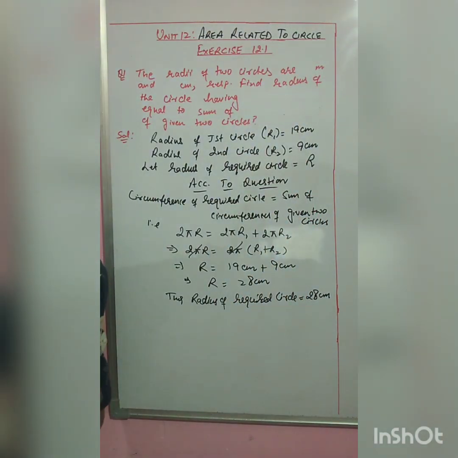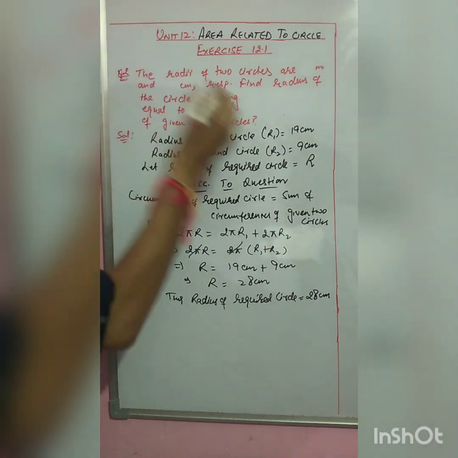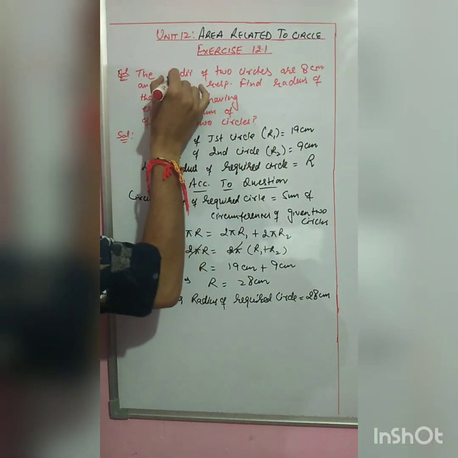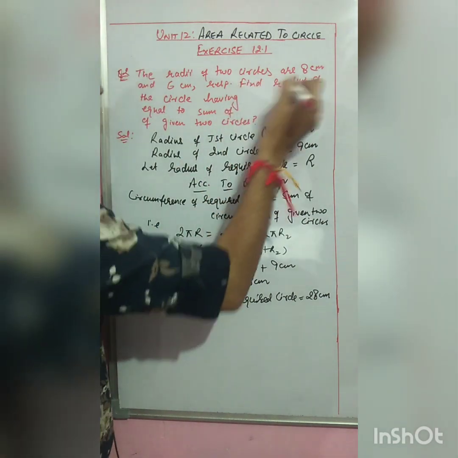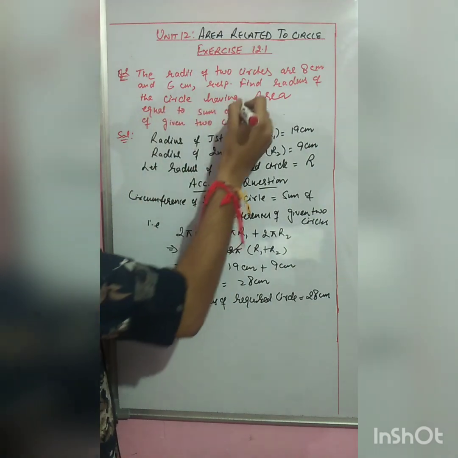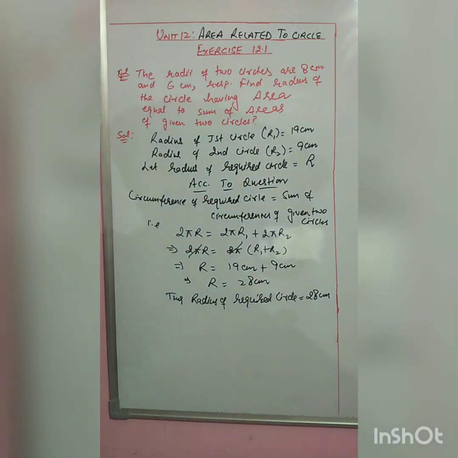Like in question number 1, we were given the sum of the circumferences, here we are given the sum of the areas. The given radii are 8 centimeter and 6 centimeter. We have to find the radius of a circle having area equal to the sum of the areas of the given two circles.